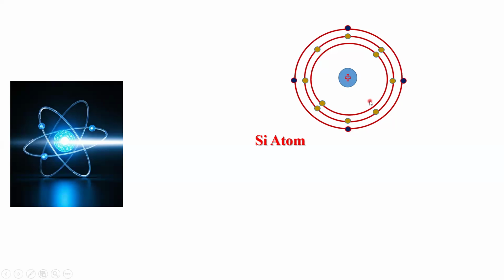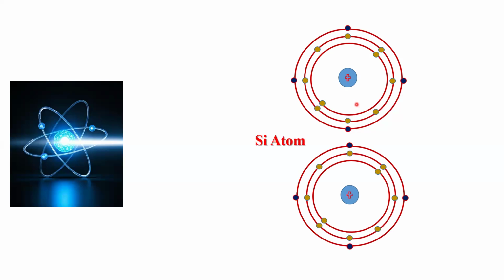So let us talk more about how the bonding happens and how the valence electrons become free electrons. You see, I have another atom structure just adjoining, in the neighborhood of this atom.